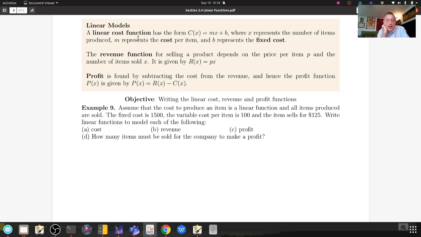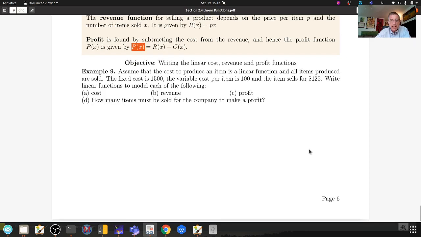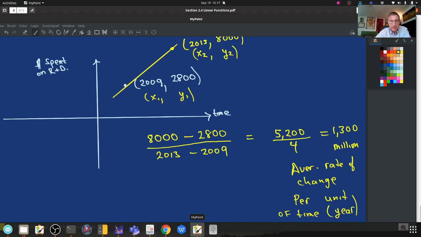It's given by R of x is equal to px. So both C of x and R of x are linear functions. So the profit, what's your profit? Your revenue, how much you get when you sell it, has to be greater than your cost. Or if I subtract the cost from my revenue, I get my profit. So let's go ahead and use that to solve this applied problem.